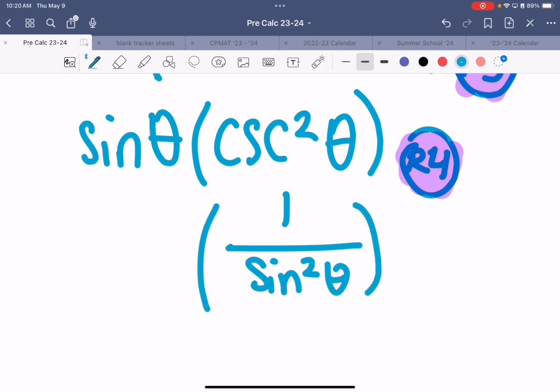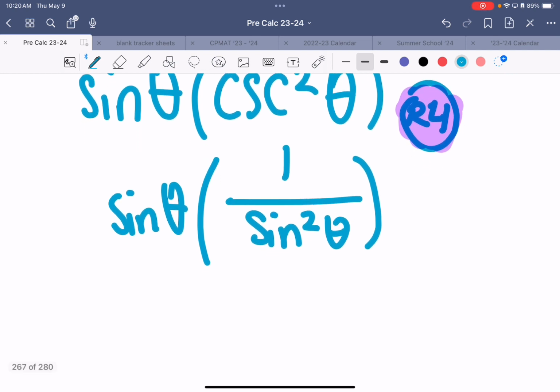I'm still multiplying by this sine on the outside. That GCF has just been brought down every time. Now, I know that this is in the numerator because it doesn't have a numerator.